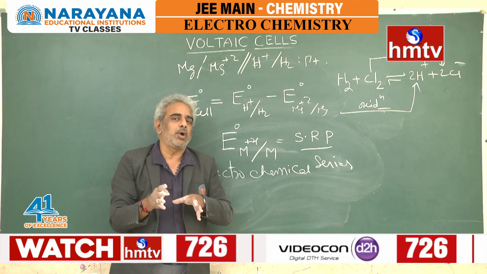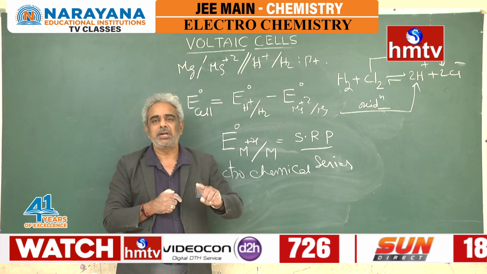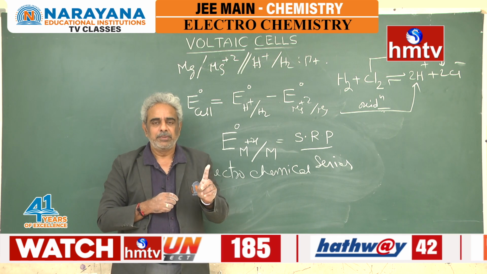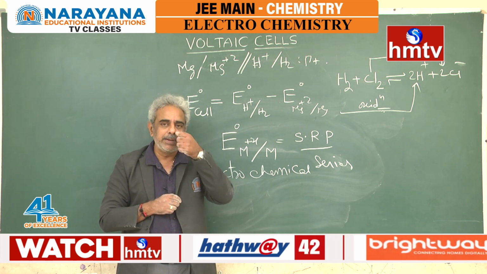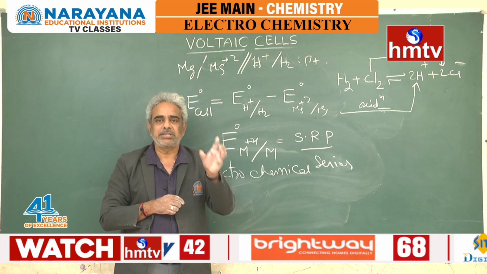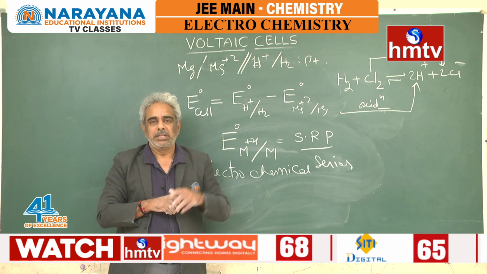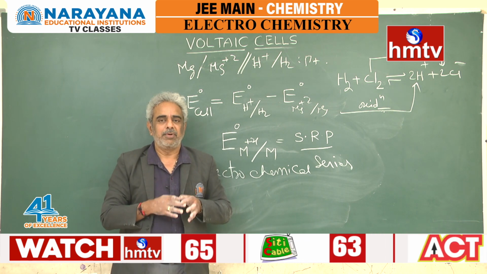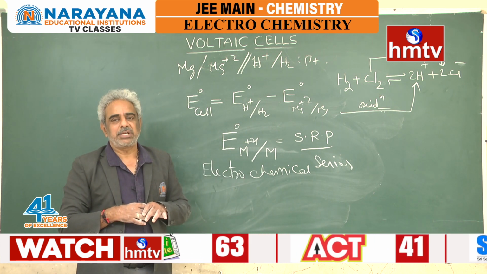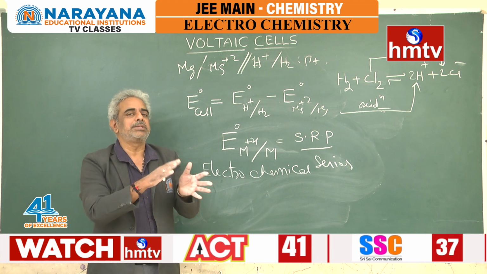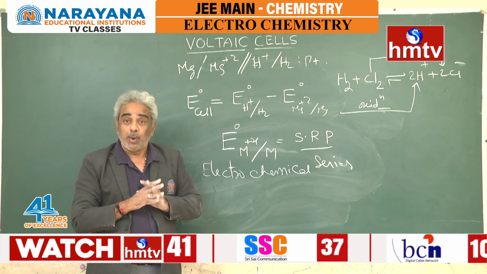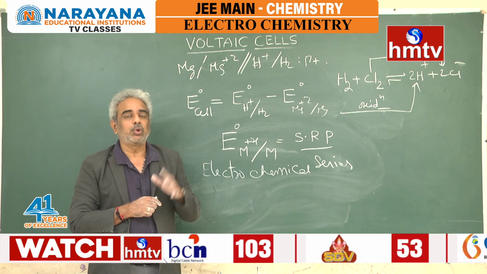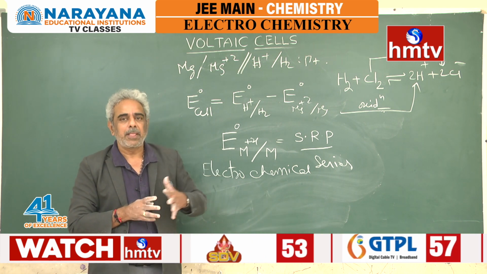For that to be spontaneous, the cell potential must be positive. If E cell is positive, the cell is being used in the correct direction. Cathode is used as cathode, anode is used as anode. The one with more reduction potential serves as cathode. The one with less reduction potential serves as anode, so that the cell potential becomes positive and the cell can serve as a proper source of electricity for some other purpose.